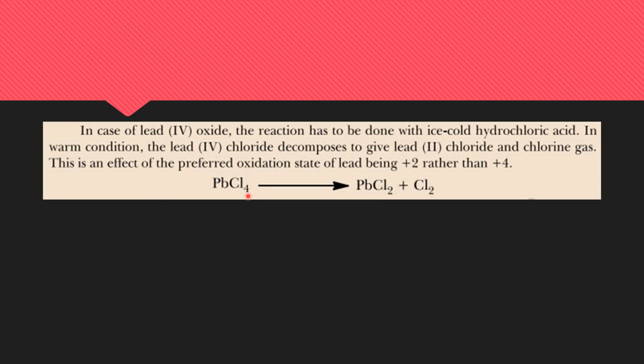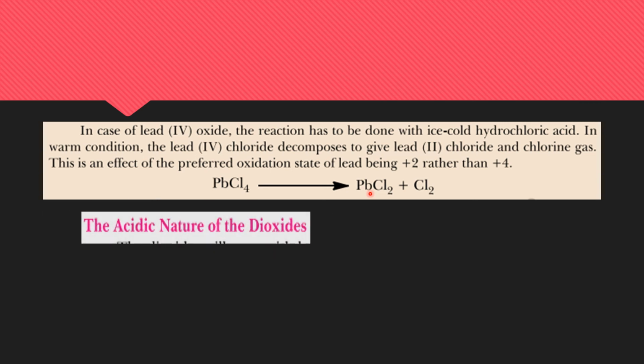And in the case of the lead 4 compounds, the reaction can be done in ice cold hydrochloric acid, and it will change into the lead 2 chloride compound. This plus 4 compound will be changed into the plus 2 compound, as plus 2 is the stable oxidation state for lead.